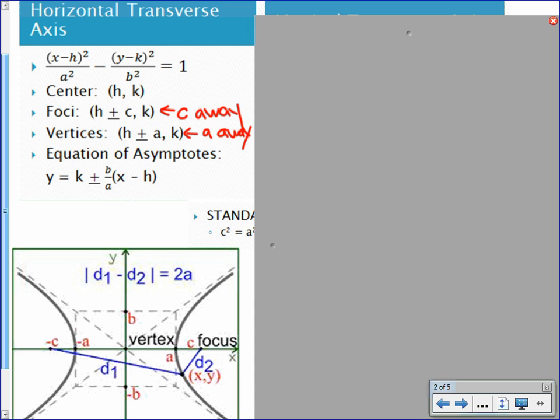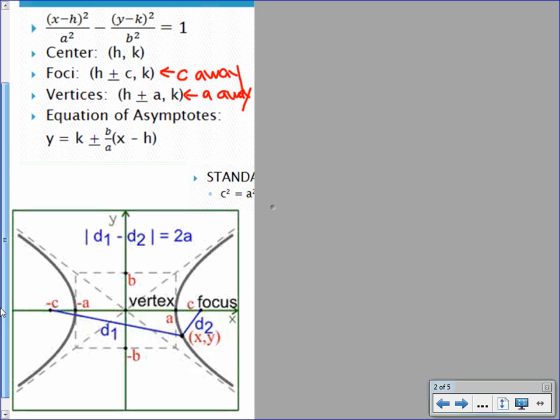What I want you to realize from the formula is that the slope of our asymptotes, they're lines, is going to come from a and b. These asymptotes also, if you notice, will pass through our center. So here are our asymptotes. They pass through the center.